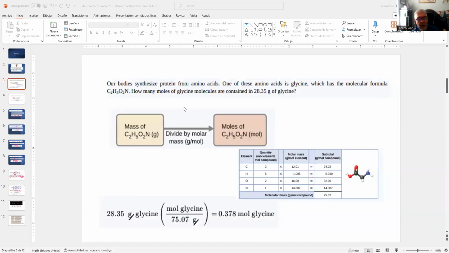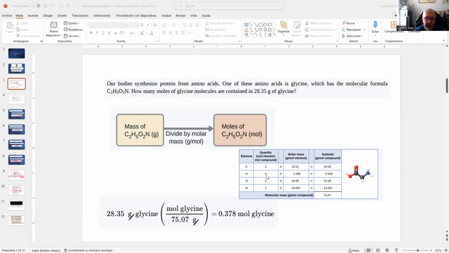Well, here we have another example. In this example, I am trying to go from mass to moles. And you know that we have to divide by the molar mass. But in this case, it's not an element. Then I cannot take it from the periodic table. It is a compound. And this compound has 2 atoms of carbon, 5 of hydrogen, 2 of oxygen, and 1 of nitrogen.